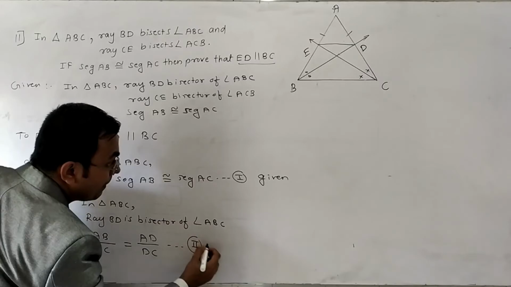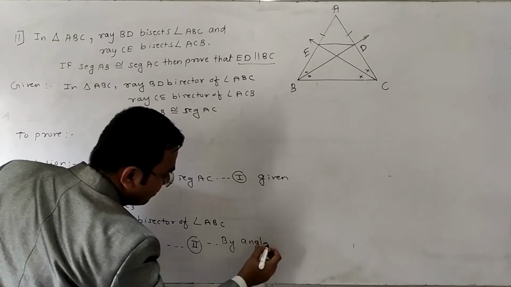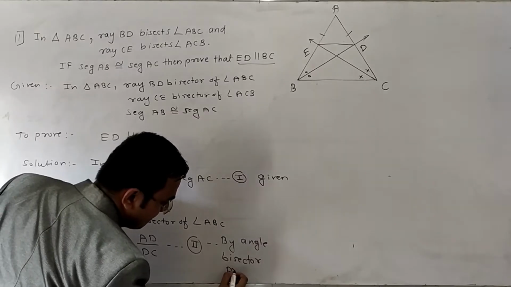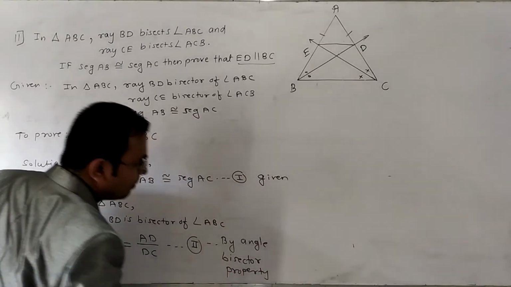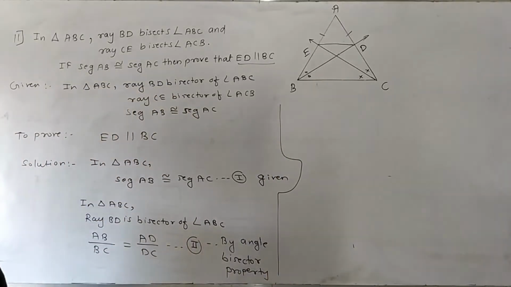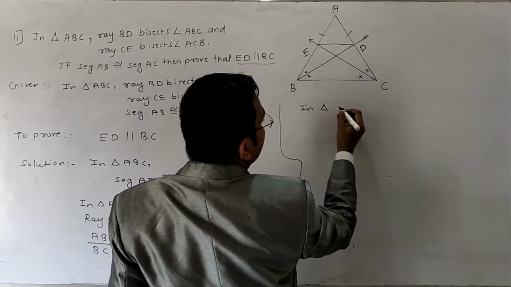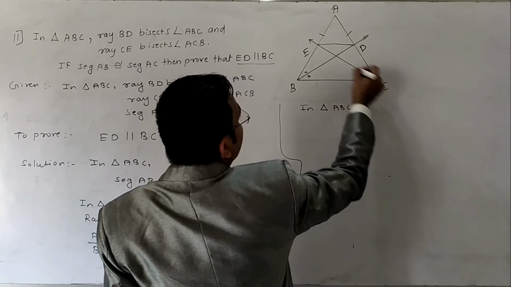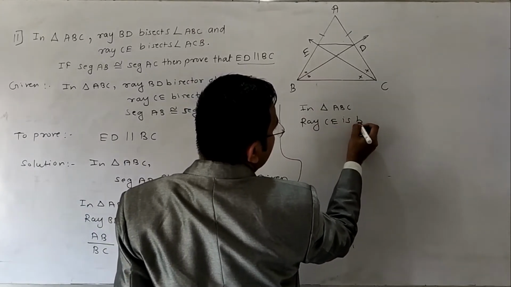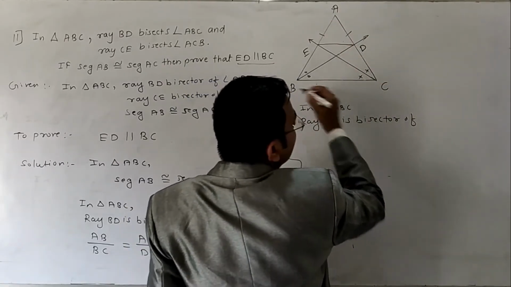Here equation number 2, by angle bisector property. So next, in triangle ABC, ray CE is bisector of angle ACB.